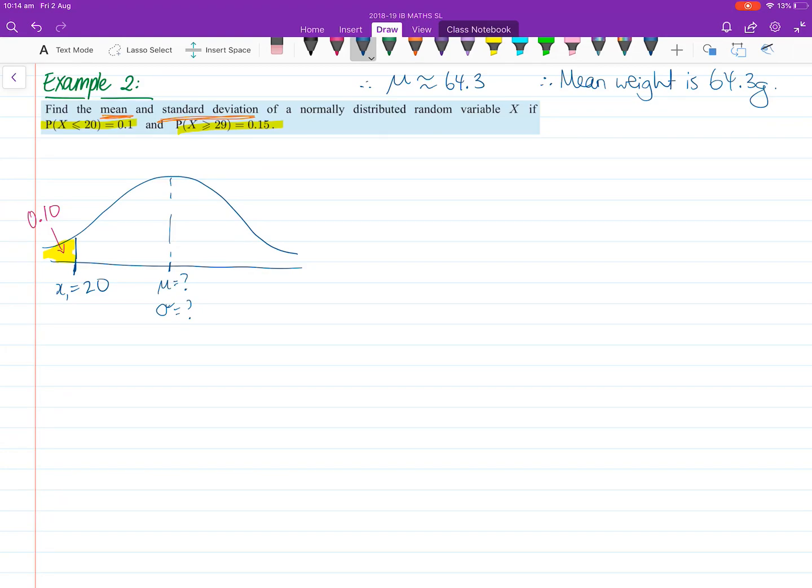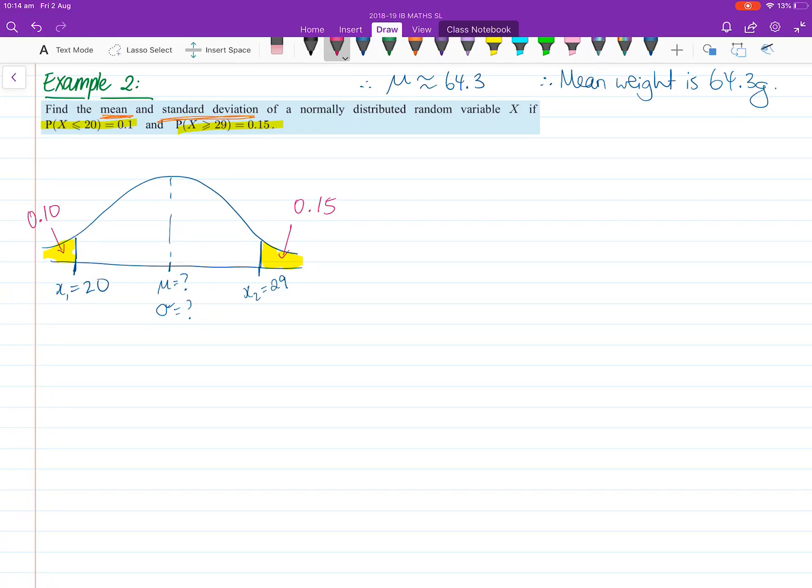And then we've got x greater than or equal to 29. So this score here somewhere, about here, x2 is equal to 29. And this probability, or this area under the curve here, is 15%, or 0.15.